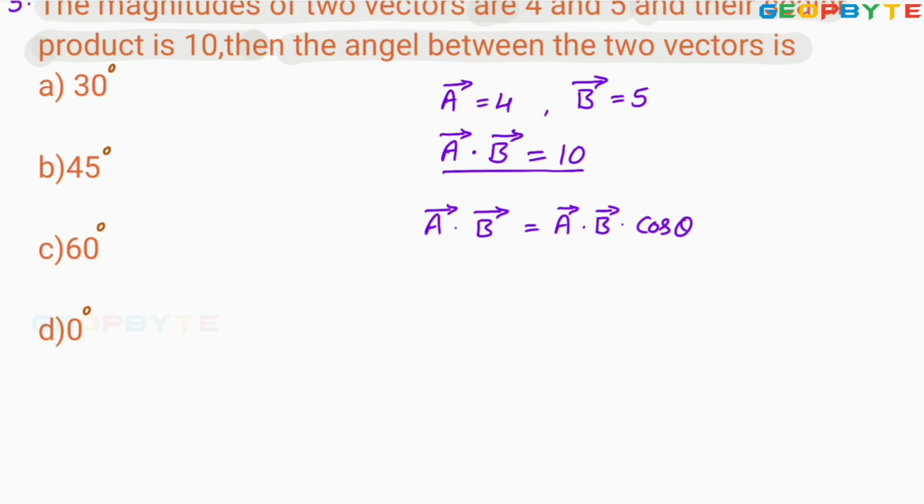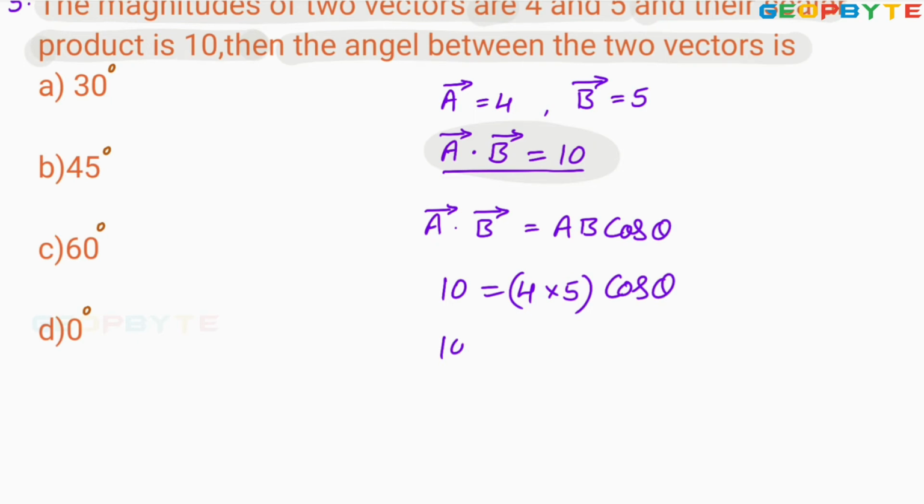I can also simply write like this: AB into cos theta. But vector A into vector B equal to 10. This is 10. Vector A is 4, vector B is 5, into cos theta. 10 equal to 20 cos theta.